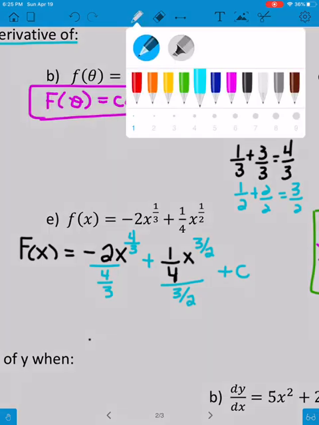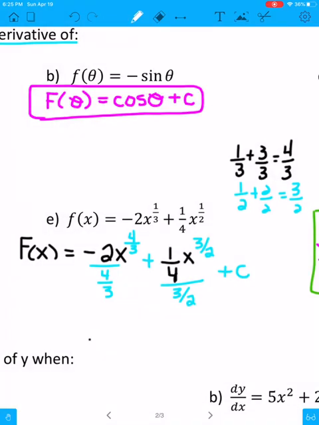So what does that mean? When I divide by a fraction, it's like multiplying by its reciprocal, right? So I'm going to get 3 over 4 times negative 2 x to the 4/3 plus, instead of dividing by 3 over 2, I'm going to multiply by 2 over 3 times 1/4 x to the 3/2 plus c.